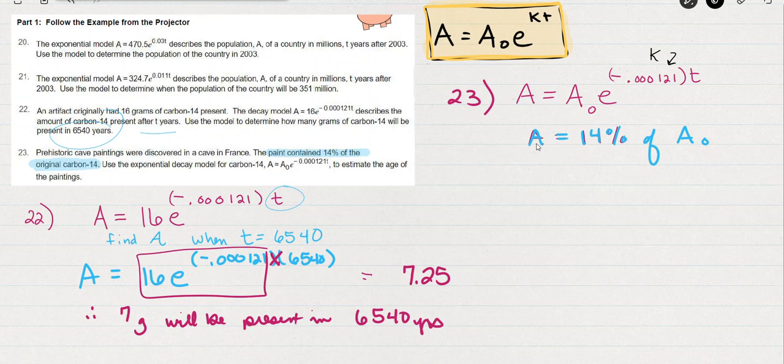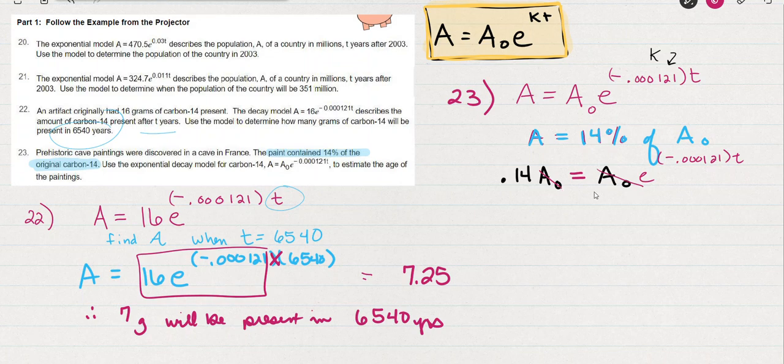Use this exponential decay model to estimate the age of the painting. Well, if we're given that the amount of carbon-14 now, A, is 14% of the initial amount, A naught, then we can reduce this down to a different equation. When I replace A with 14% of A naught, I can see that the A naught is going to divide out of both sides.